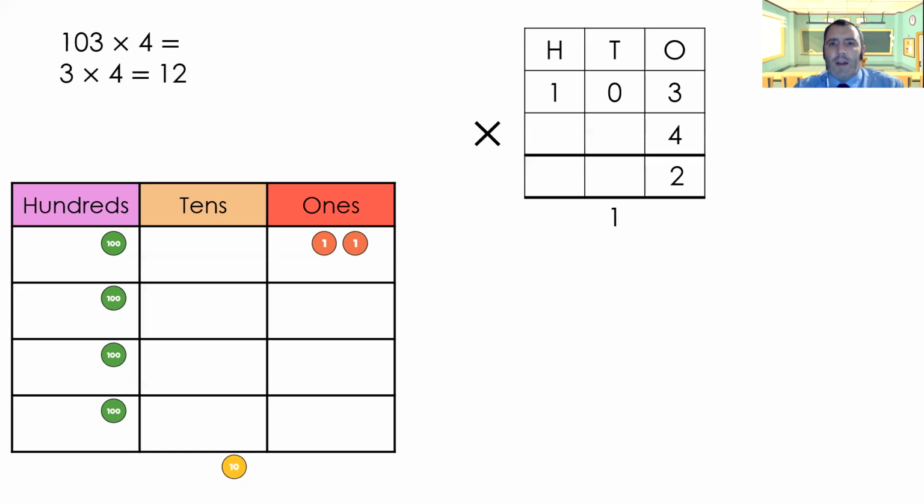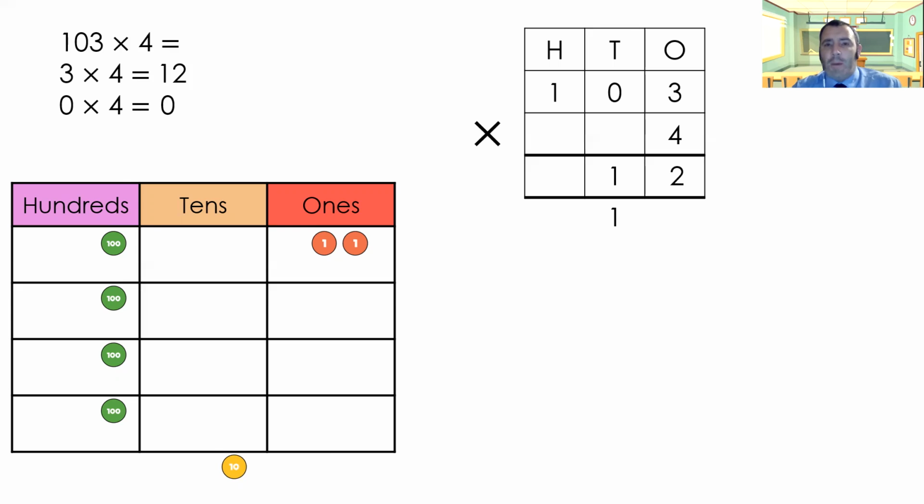I'm going to exchange the 10 up into the tens column. Now, my next calculation is going to be, that's right, 0 multiplied by 4. And we know the product of anything multiplied by 0 is 0. And I know that I've only got 1 10 in my grid, so I'm going to have 1 10 in my answer. So that's the one that I exchanged from my first calculation into my second column.